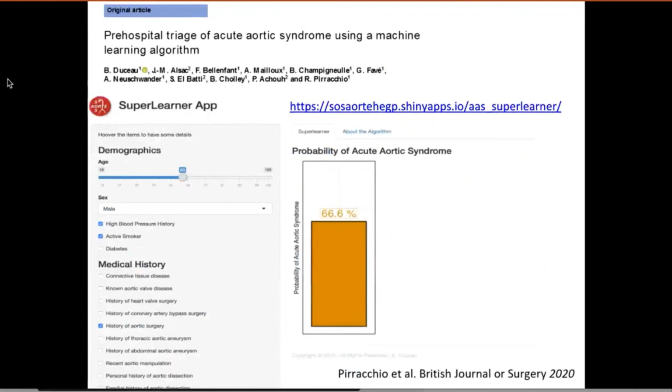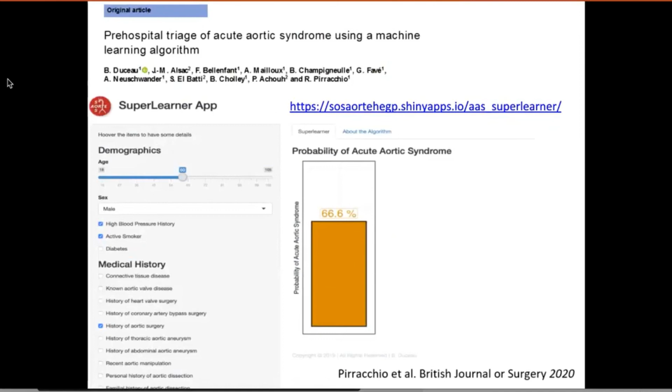Initially, around prediction of very difficult to diagnose diseases, we have 2 or 3 different examples of difficult diagnostics for the clinician, where we trained a Superlearner algorithm to augment the perception of the clinician and to get a post-test probability based on the clinician's perception as well as on the algorithm's predicted probability, to increase the confidence of the clinician in diagnosing some specific diagnostics.